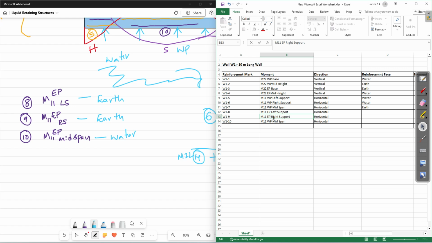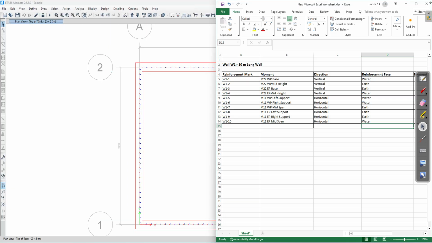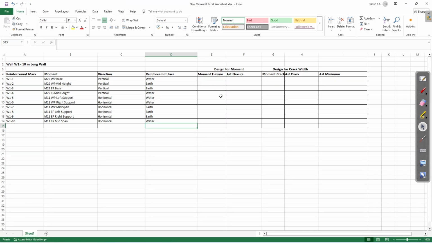Okay, so horizontal direction. So M11 EP, which will be on earth face. Next earth face, and last it is water face. Okay, so this much you have to complete. Similar table has to be prepared for the 8-meter long wall also.